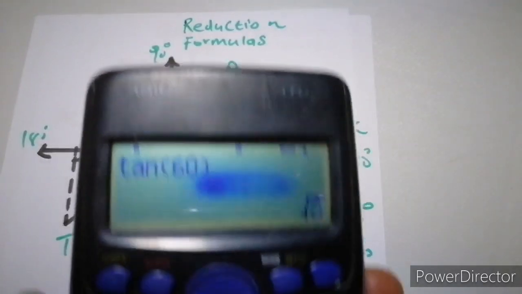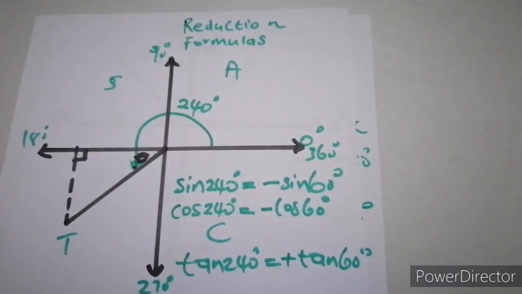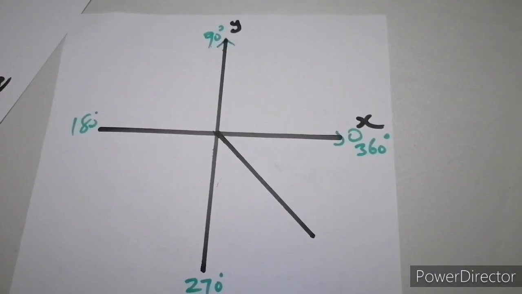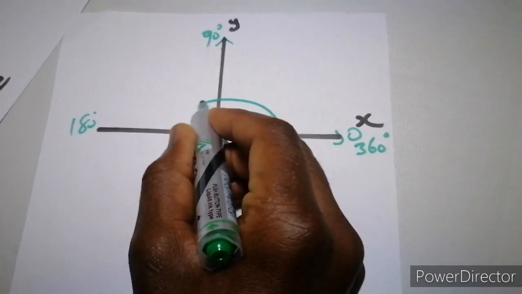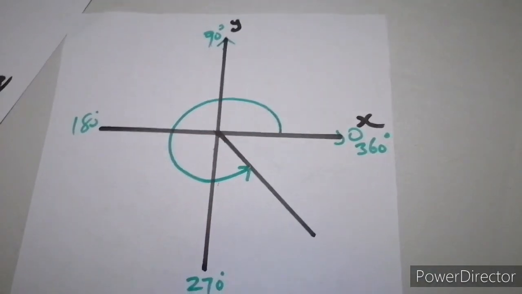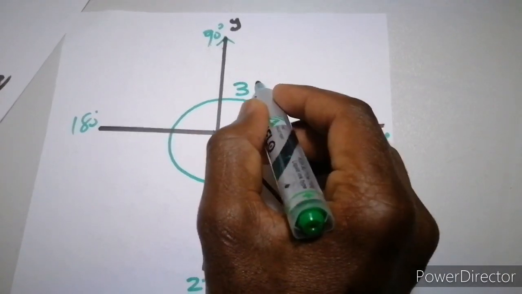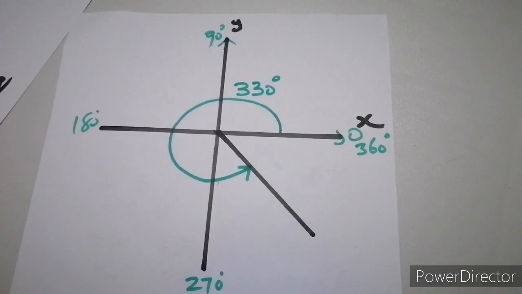Right, I can do another example again in the fourth quadrant. Let's say all around from the actual positive axis to the arm, let's say the angle is 330 degrees. Right.